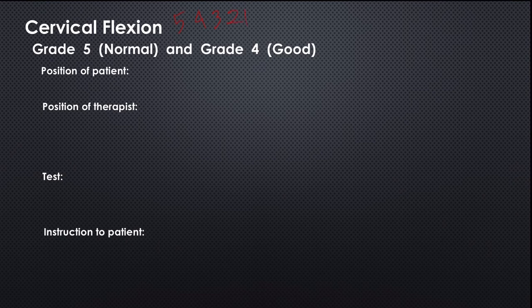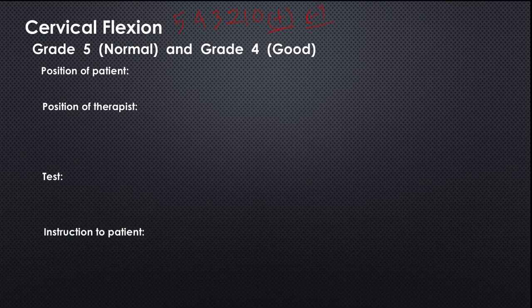A disclaimer for this lecture: I did not include here the plus and minus grading, because again, this is subjective to you, and it's your clinical decision making that will guide you on whether to use it to grade the strength of the muscle upon your evaluation or assessment. So all you can see here are whole numbers 5, 4, 3, 2, 1, and 0, but no plus and minus. Okay, so let's start first with cervical flexion, starting with grade 5 normal and grade 4 good MMT.